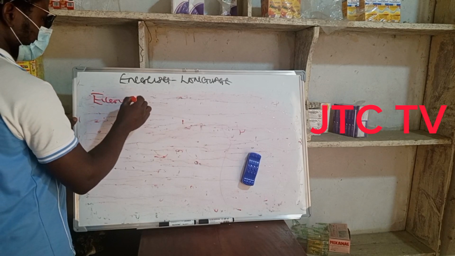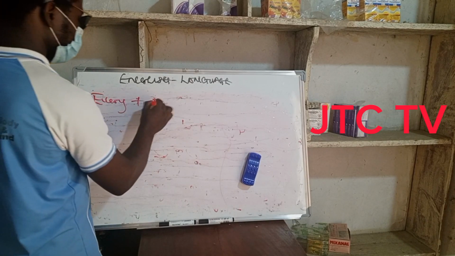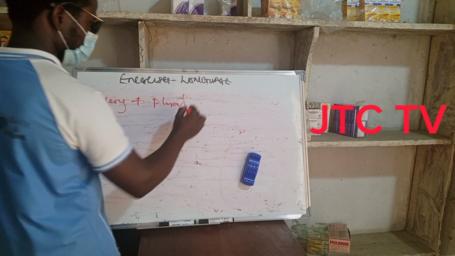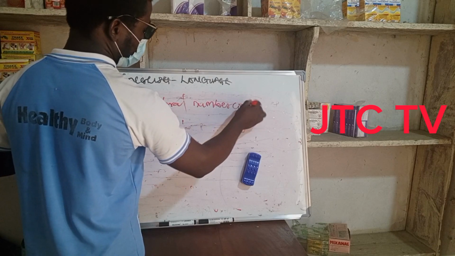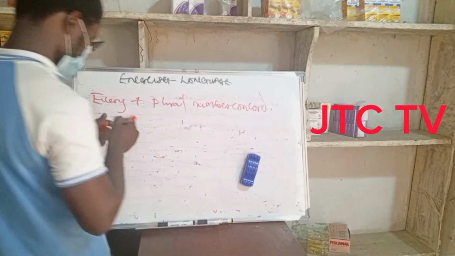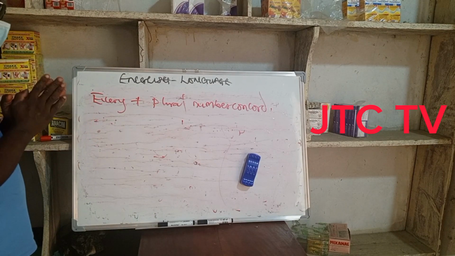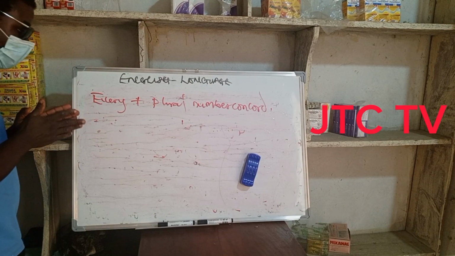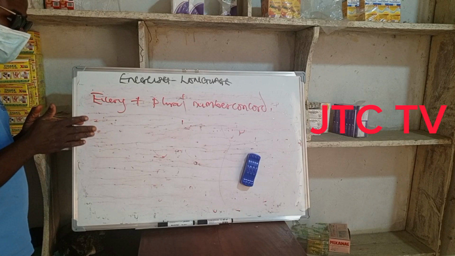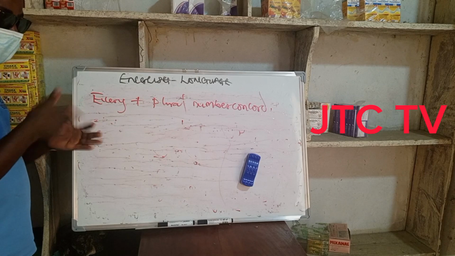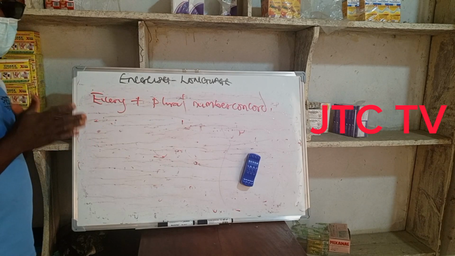Every plus plural number concord. So this is an extreme case. Let's look into this closely. In this case, whenever every comes before a plural number or an amount or a unit, the verb changes to what?